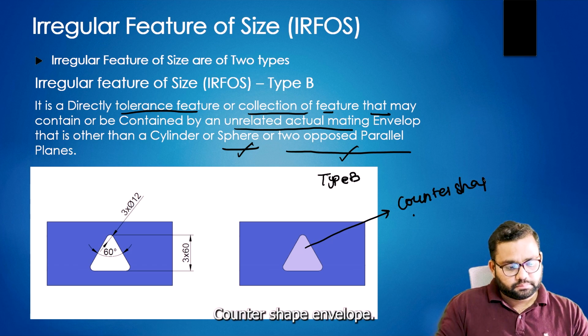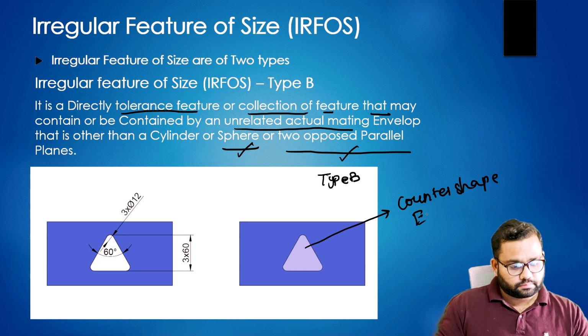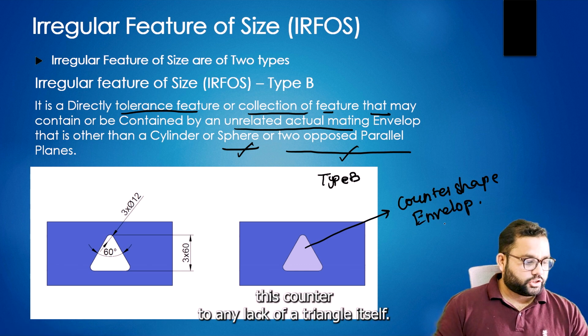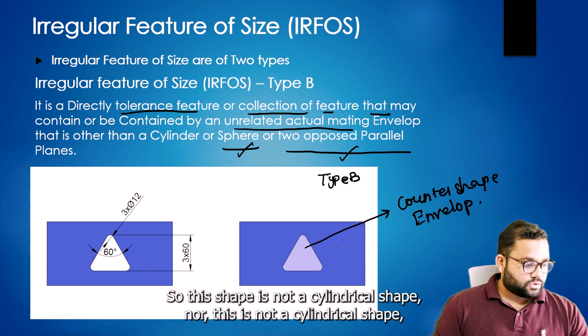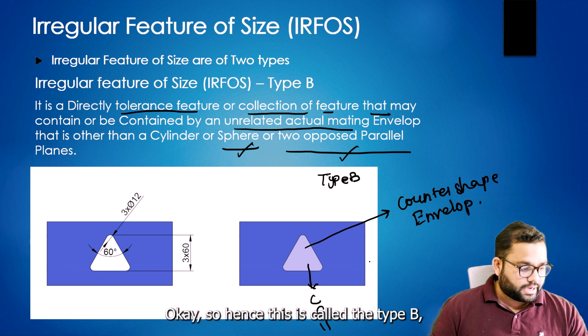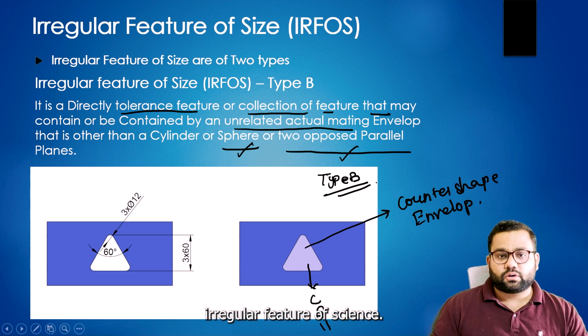This shape is not a cylindrical shape, nor a spherical shape, nor two opposed parallel planes. So hence this is called the type B irregular feature of size.